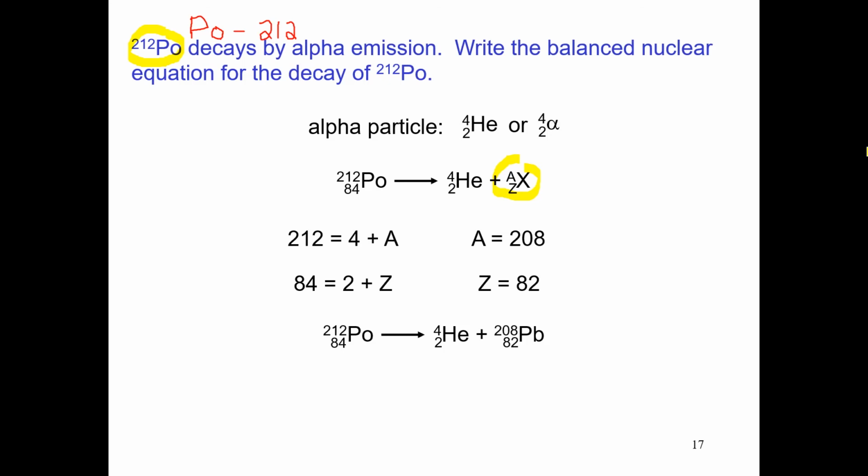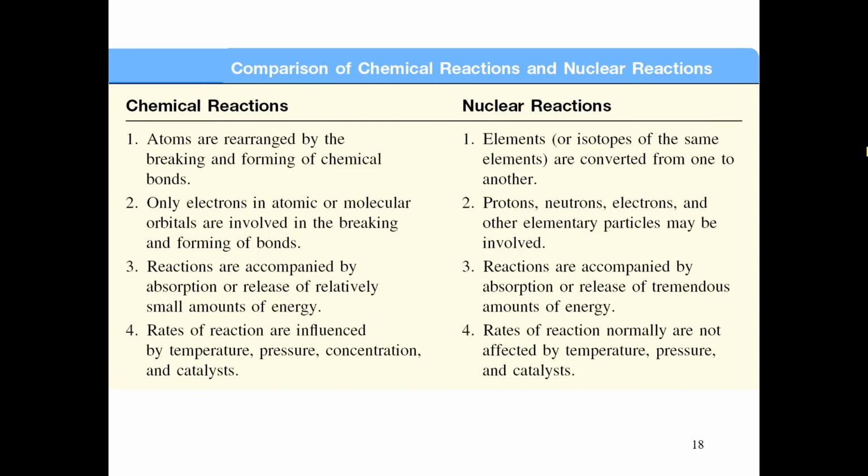Remember that in chemical reactions, one of the ideas of balancing equations is that you have the same kinds of atoms on both sides of the equation. Number two, in chemical reactions, only the electrons in orbitals are involved in the breaking and forming of bonds.